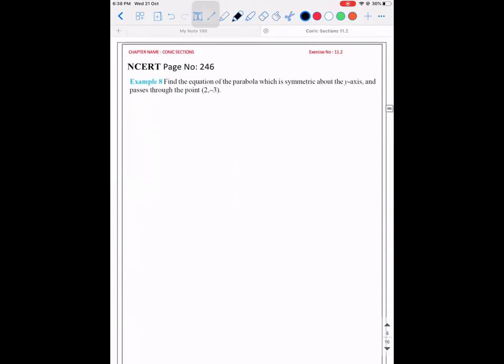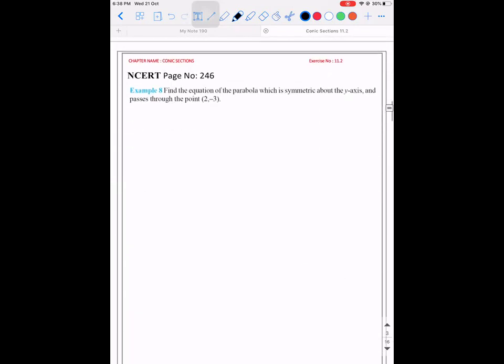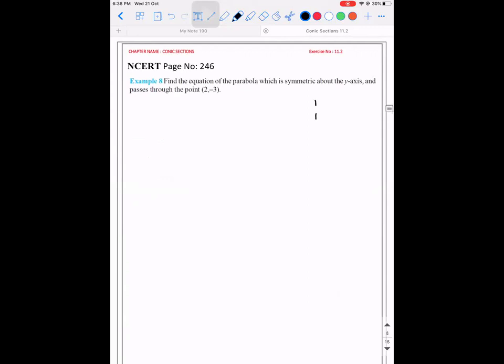So next one, guys. Find the equation of a parabola which is symmetric about the y-axis and passes through the point (2, -3). When we say symmetric about the y-axis, we can narrow down to two conclusions.